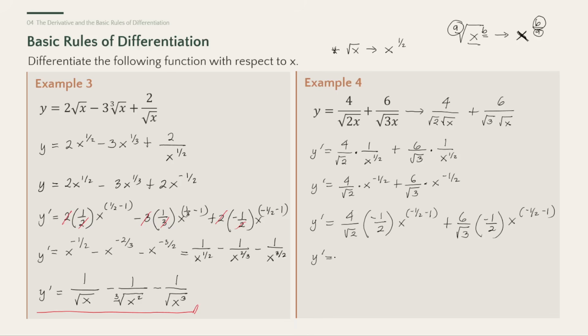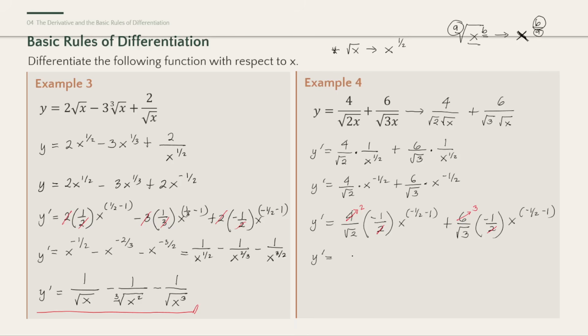Next, simplify. Now this term cancels out 4 and 2. So we have a remaining 2 in the numerator. 6 and 2 also cancel out. Then we have 3 remaining in the numerator.